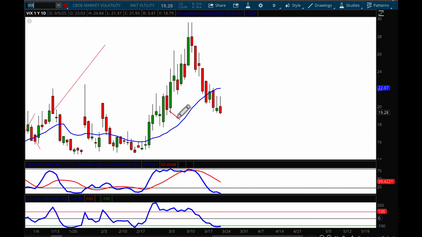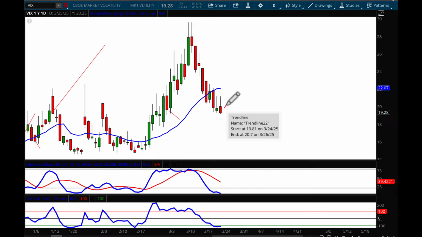We're not quite at my downside target there of 1851, but Monday and Tuesday are going to be very interesting to see whether or not we make another attempt to get down to that lower level. If this inverted hammer pans out, and you can see the oscillators down below are oversold, with the CCI being oversold and hooking, then we could see a little bit of a bump on the VIX, and then it's going to have some resistance at that moving average.